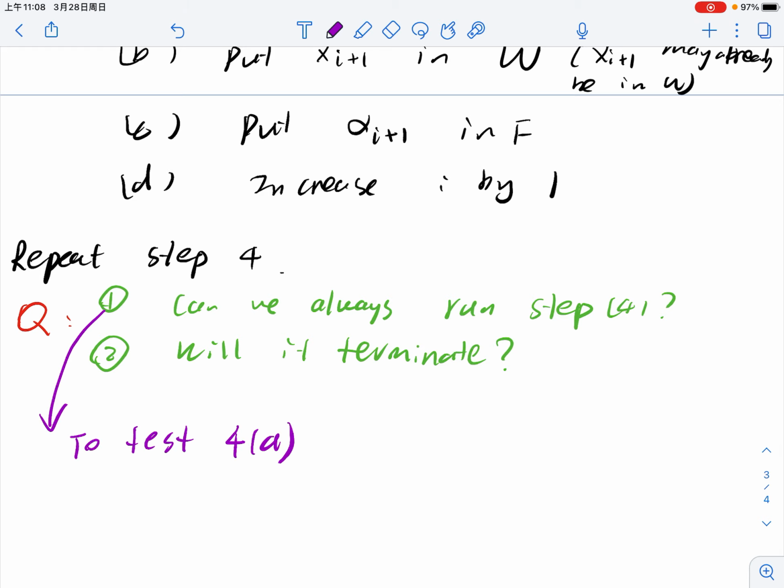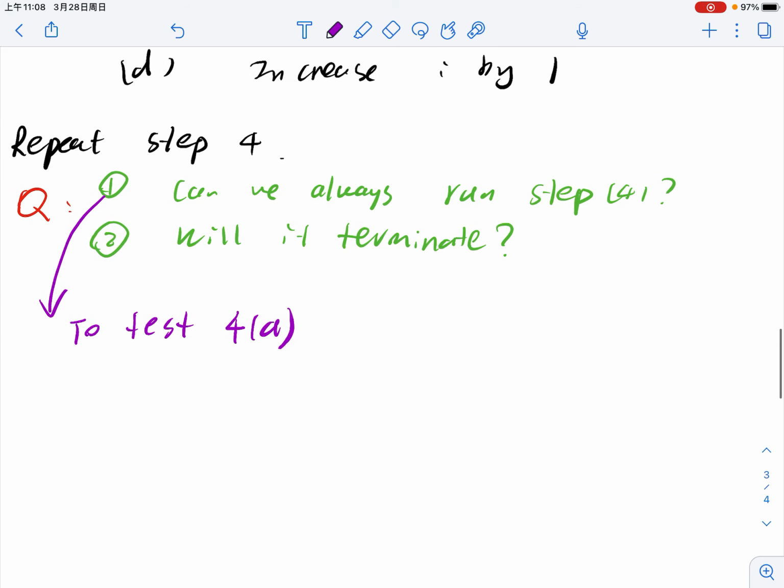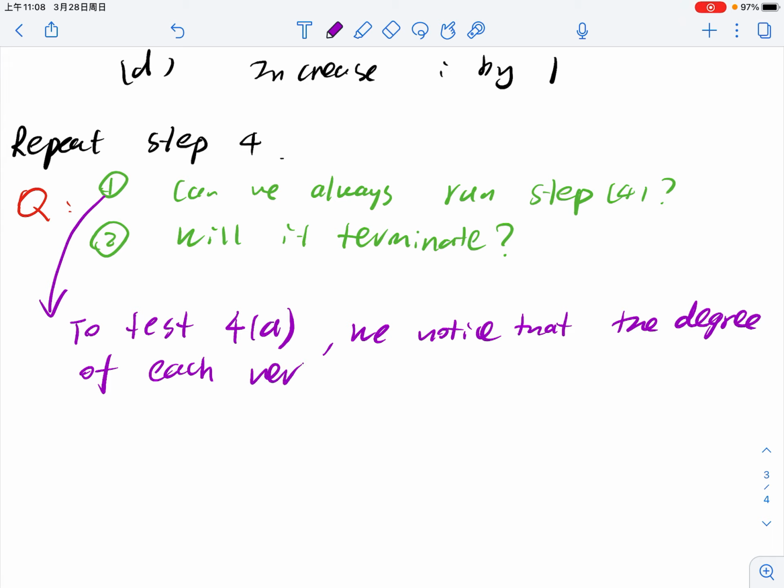So why can we always find an edge not in F, starting from one point xi in W? We noted that this is because the degree of each vertex is even.